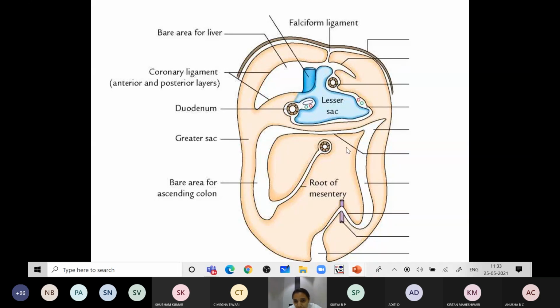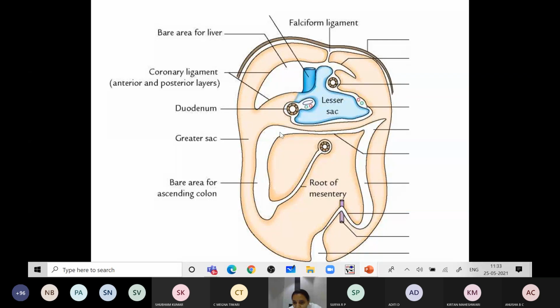This is the left layer, which covers the left side of the root of the mesentery. Then it covers the descending colon. It covers the front and sides of the descending colon, then is reflected over the posterior abdominal wall and lateral abdominal wall. Then it forms the sigmoid mesocolon.